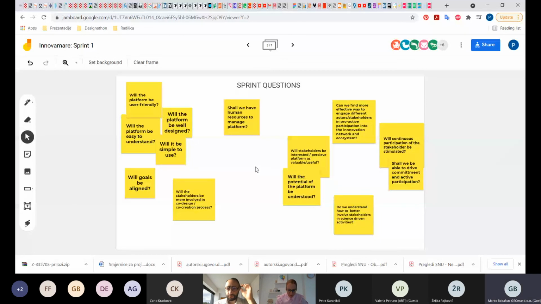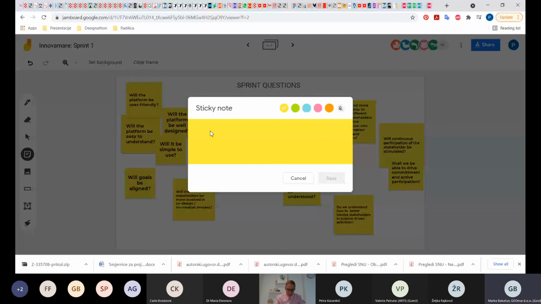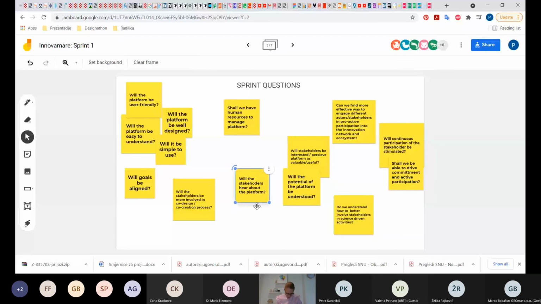Okay, and something else that we would add is: will stakeholders hear about the platform? So we need to actually discuss or take into account some marketing strategies. Okay, benefits.